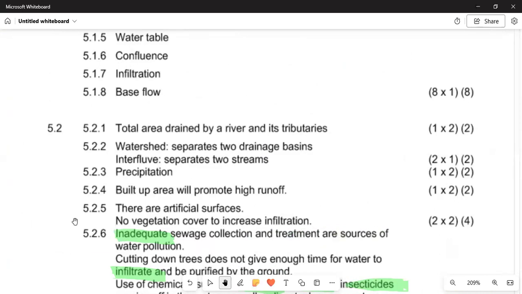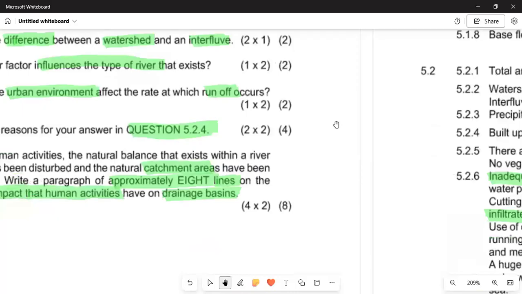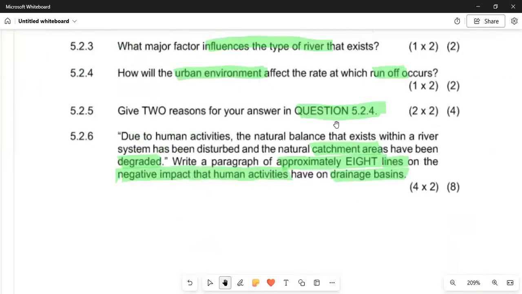All right. Then I would want us to move to our last question, 5.2.6, and it reads as follows. Due to human activities, please take note, there are activities that we are doing as people on our environment. Either we are protecting and conserving our environment, or we are destroying it, based on the activities that we are doing.